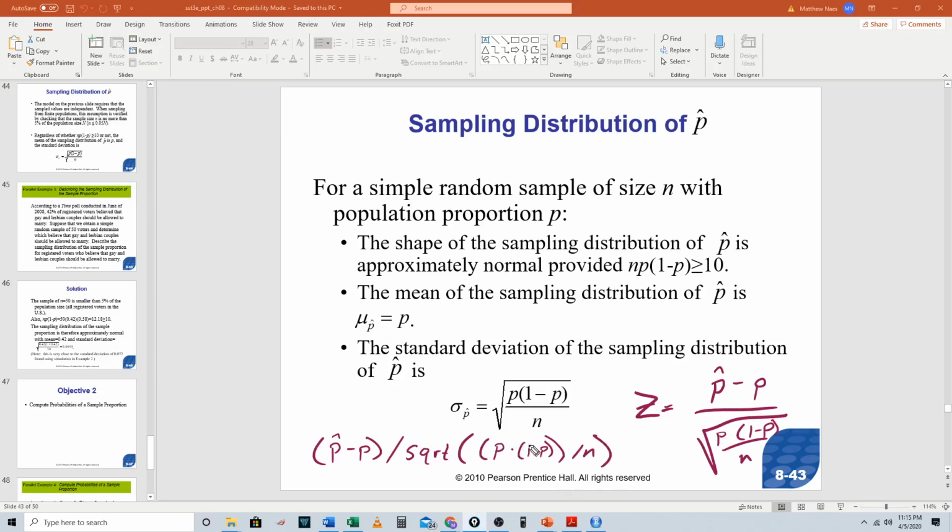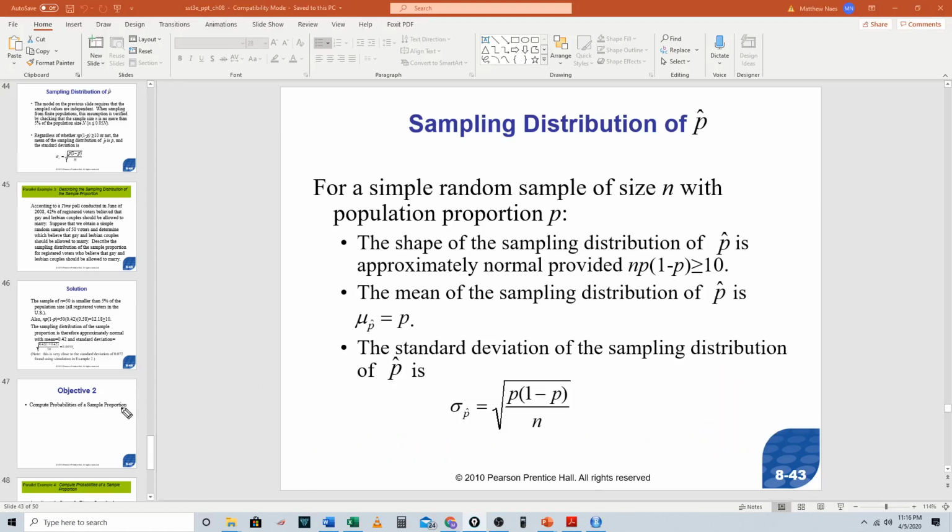So there's a lot of open and closing parentheses there. Okay. So if you want to put it in R, that's what you would do. Have fun with it, okay? Other than that, you're just going to need your probability formulas. That's everything. That is chapter 8.